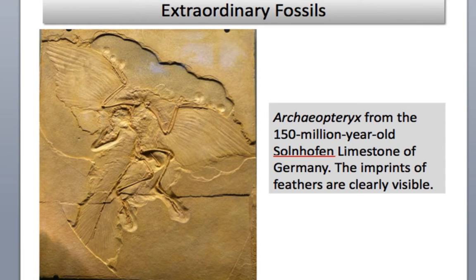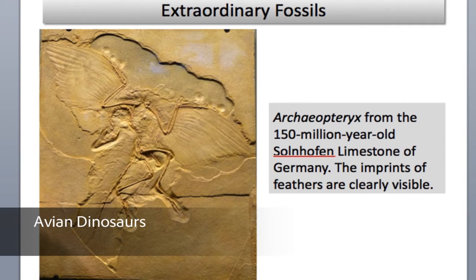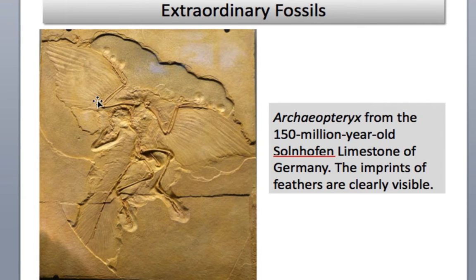And then here is a really unique fossil that really kind of changed ideas in terms of dinosaurs and their relationship to birds. And really, if you talk to paleontologists, they'll say that dinosaurs are not extinct. The birds are the modern ones. In fact, they call birds avian dinosaurs, right? And so here's Archaeopteryx, a 150 million year old dinosaur, clearly with feathers, right?